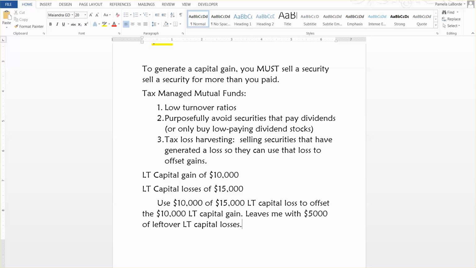Well, I'd like to use those capital losses to offset some more taxable income, and the IRS currently, the rules allow me to do that. I can use $3,000 of the 5,000 to offset my ordinary income, which is cool.